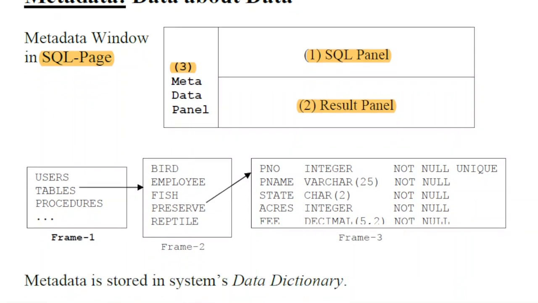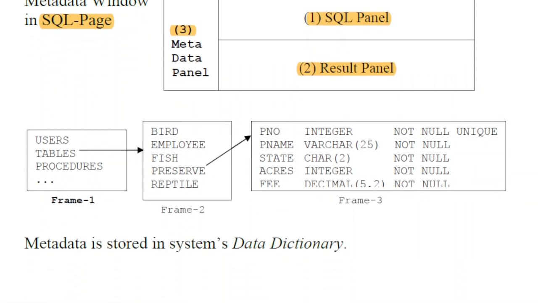If you go into that metadata panel, somehow you'll arrive at something that I will call frame 1 here. And in it you will see information about the users of the system. You will see information about all the tables in the system or just those tables that you have permission to examine.